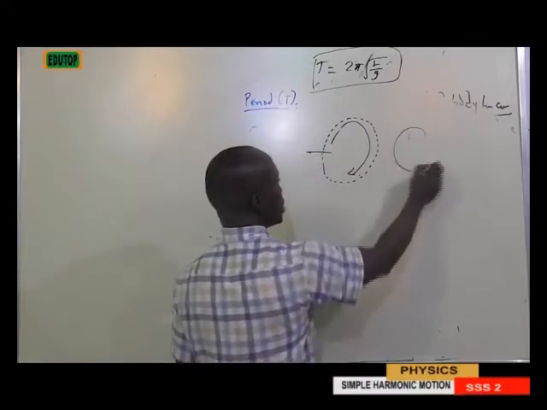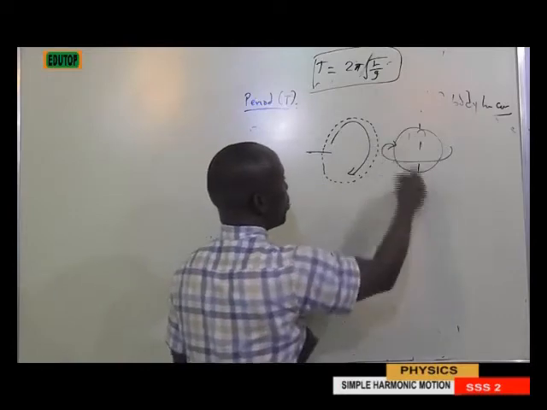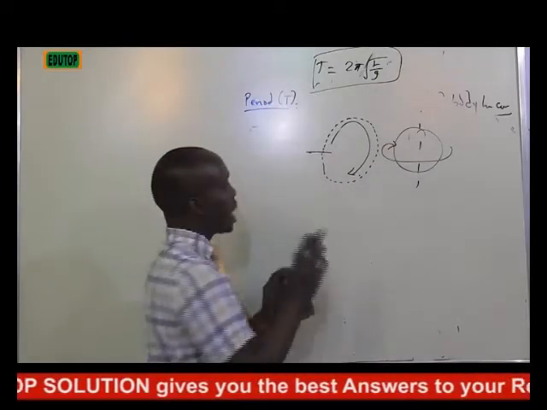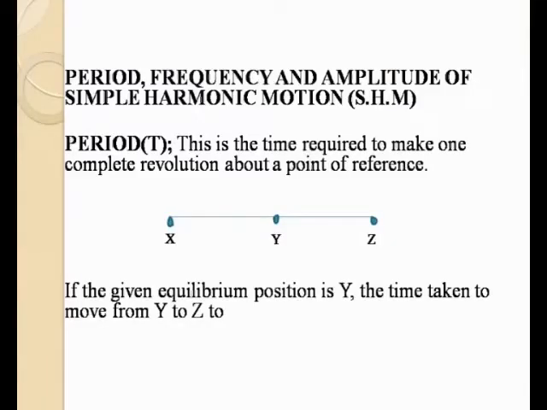It's like your earth turning all around. The time for you to make one complete turn, that time is what we call period. Now let's proceed to the next one.